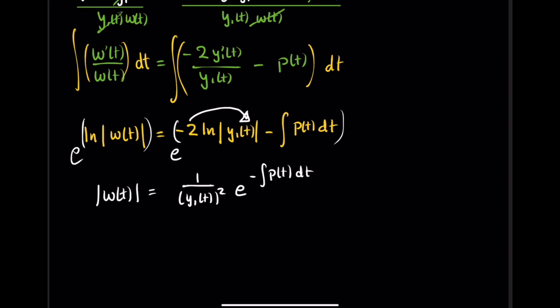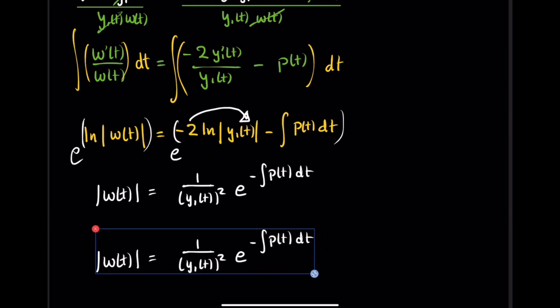Because we have this absolute value here, the numerator can be a plus or minus. So if I get rid of the absolute value, this just becomes plus or minus, and I'm going to replace this plus or minus 1 with a, where a is some constant value.